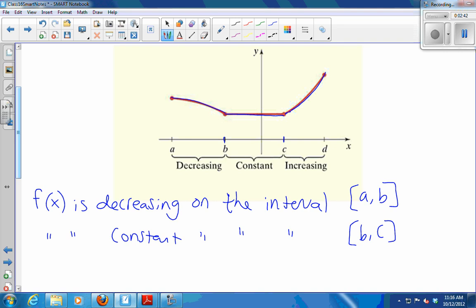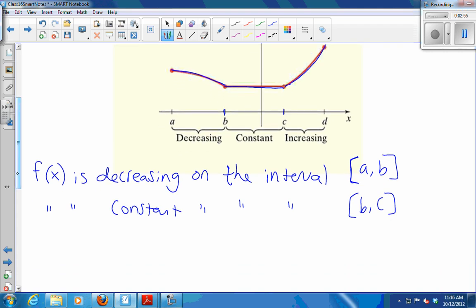So our textbook puts closed brackets on both things, but if you're going to use WebAssign, you should do it that way because that's how WebAssign uses it. On a quiz or a test, I won't take points off if you do it not the way the book does it.